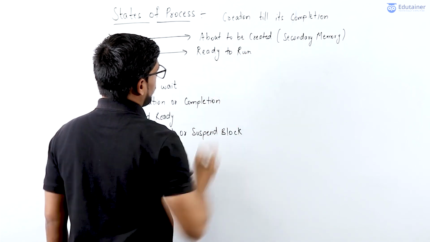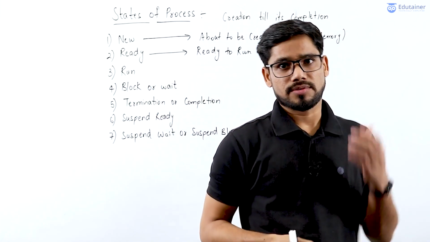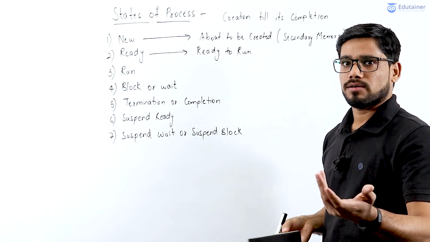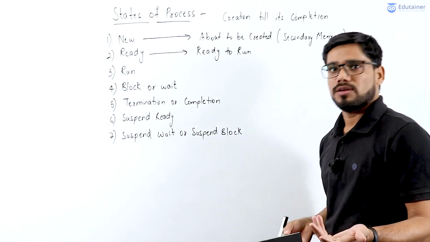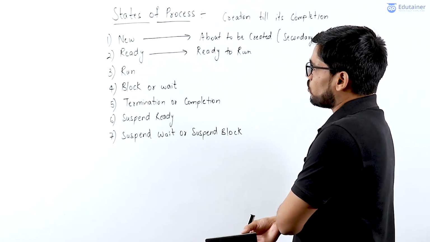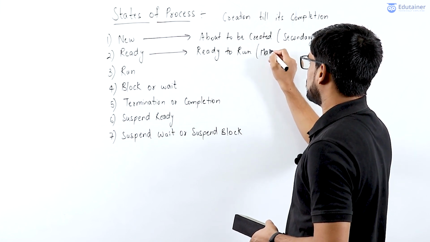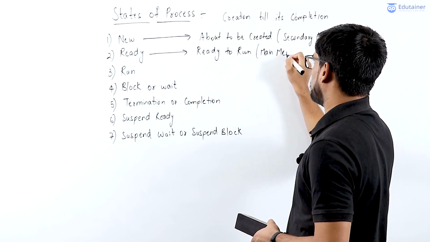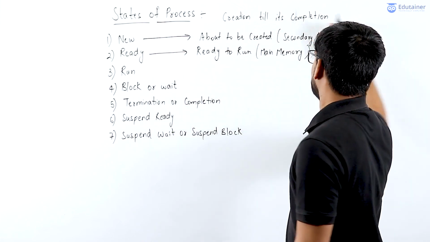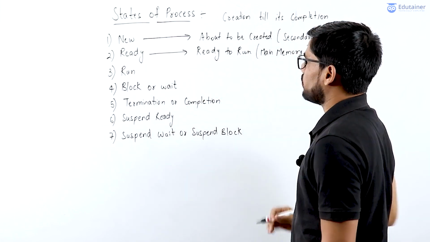It just waits for its particular time, so that the CPU will pick these processes and process them, and after that they will complete their execution, okay. So the ready state is present in the main memory. Main memory means RAM, okay. So the new state corresponds to secondary memory. A ready state process is present in main memory.